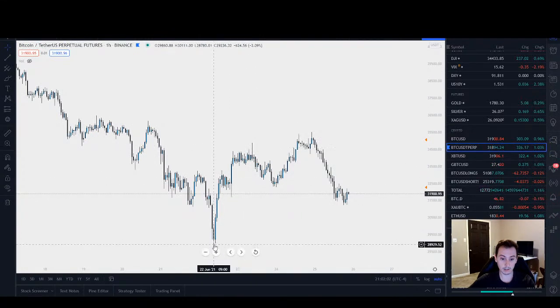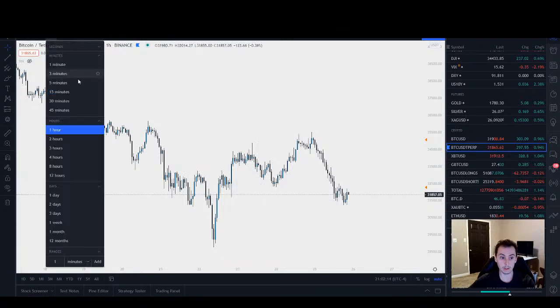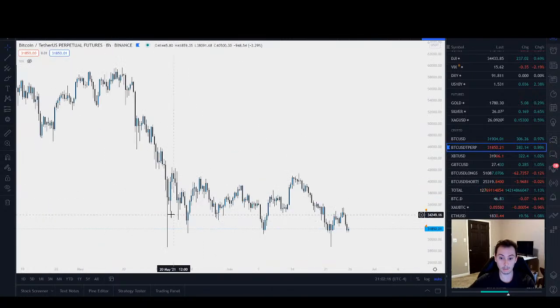That's the 22nd of June to the 23rd of June, so it's within 24 hours, and you're trying to find those tops within the scale of hours. Whereas if you're on the 8 hour, you're trying to find tops within the scale of a third of a day. So you can enter here the 8th of June and then exit somewhere here the 15th of June. So that's like a week.